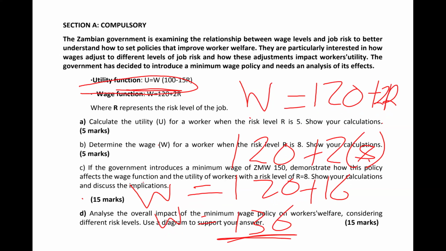We show our calculations. That is the question. If the government introduces the minimum wage, what is the impact of us having the minimum wage? So we have to check if the minimum wage affects the case at that level of risk.